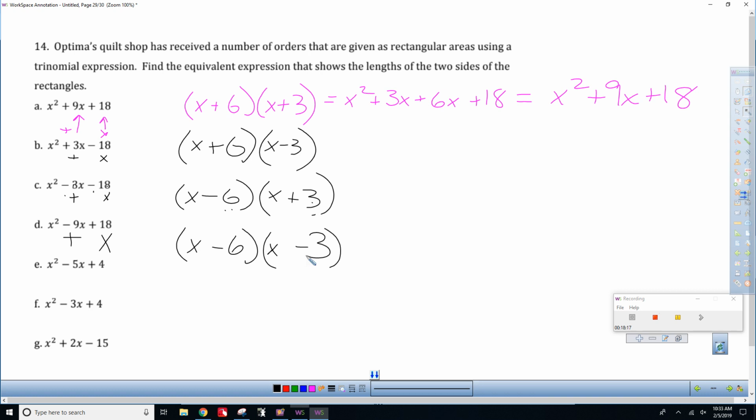Alright, multiply to be 4, add to be negative 5. So once again, they multiply to be positive, and they add to be negative. What do they have to be? They've got to be negative. What numbers multiply to be 4 and add to be 5? 4 times 5 isn't 4.